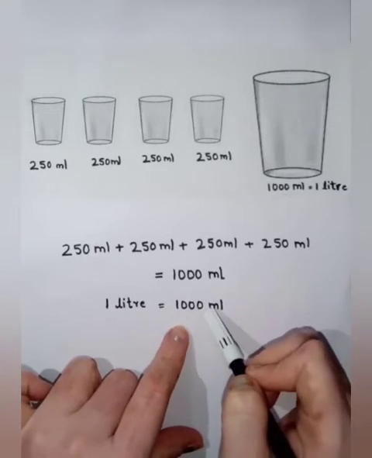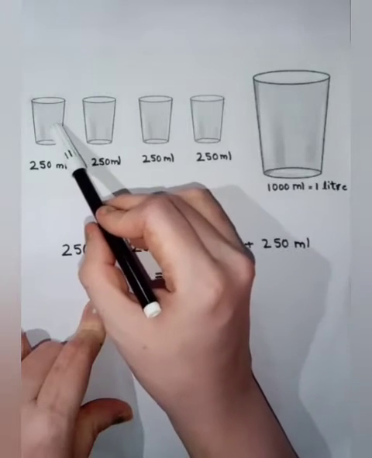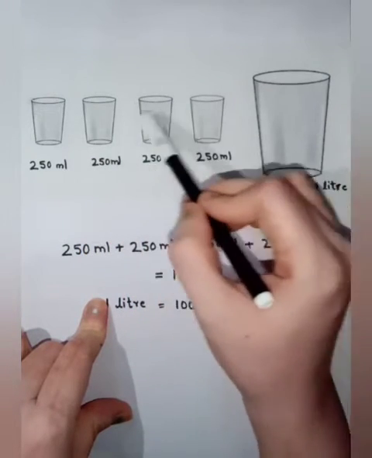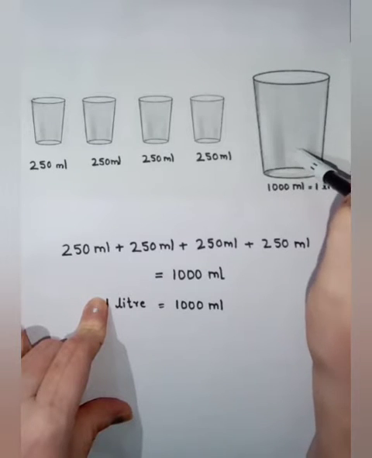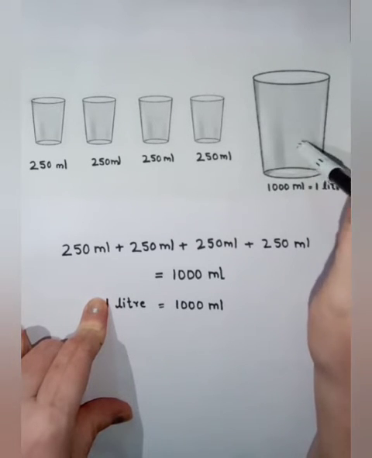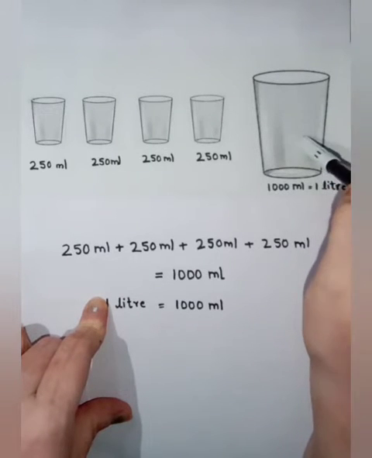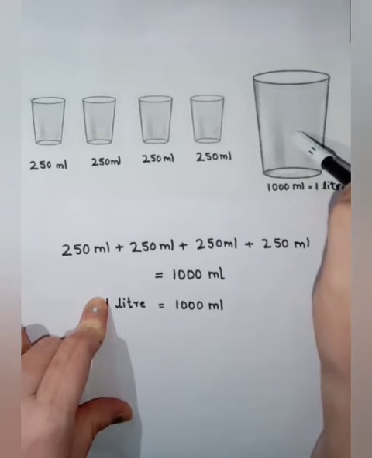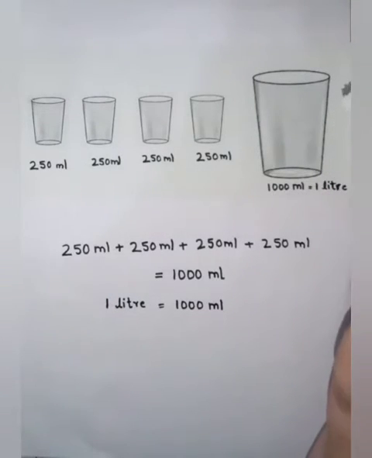If we pour all the glasses in this big glass, the capacity of this glass is 1 liter, means 1000 milliliter. Easy. Let's do the exercise.